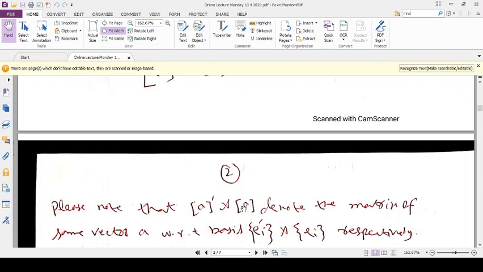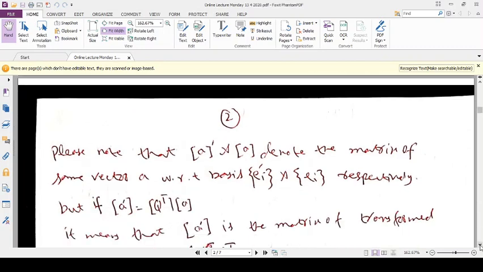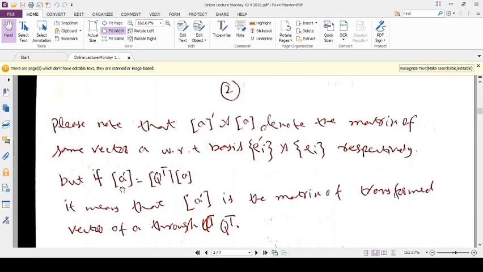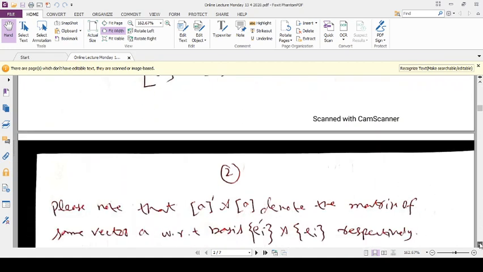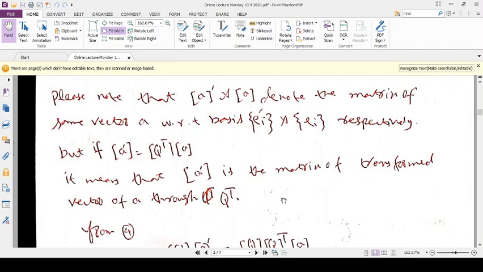These two are the matrices of the same vector A. This is the matrix of vector A with respect to basis e_i dash, and this is the matrix of the same vector A with respect to basis e_i. So it means that this is the matrix of the transformed vector of A through Q transpose.